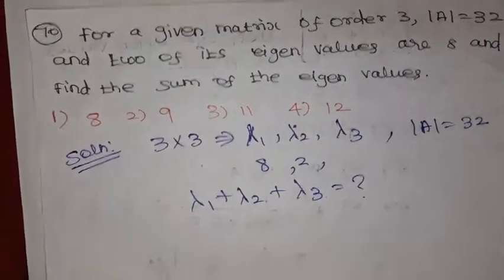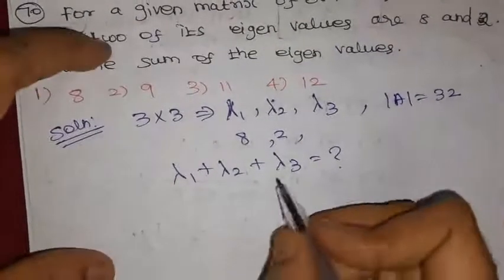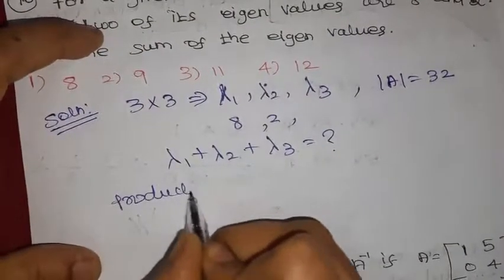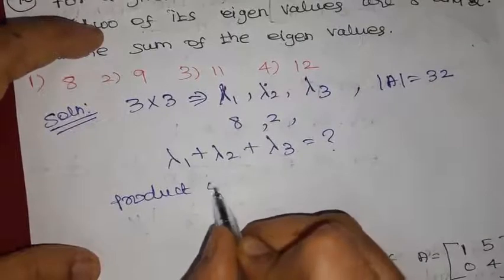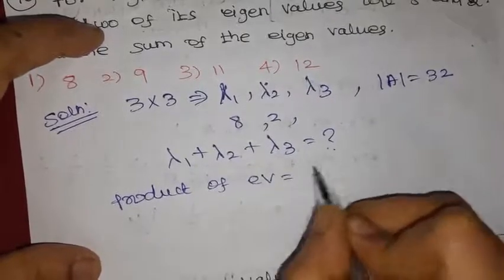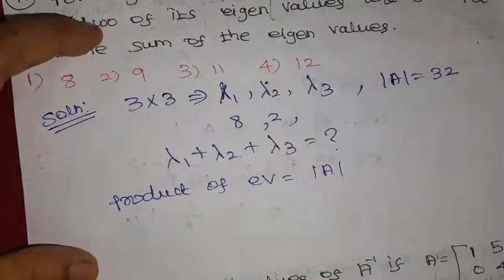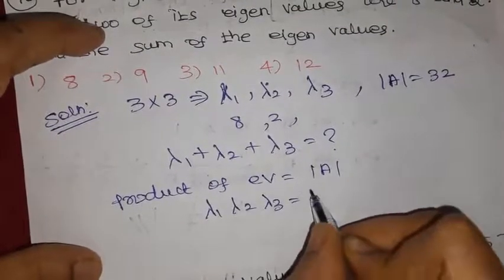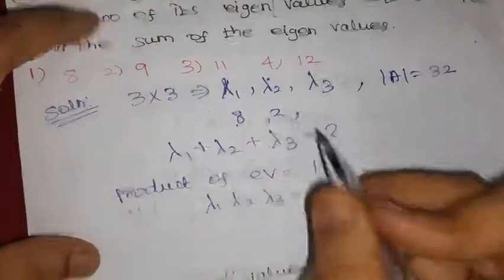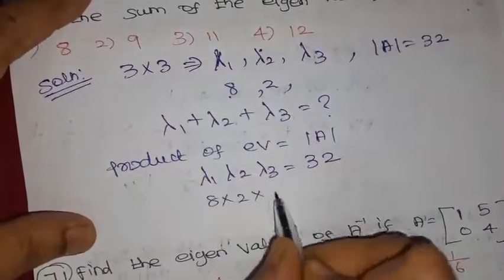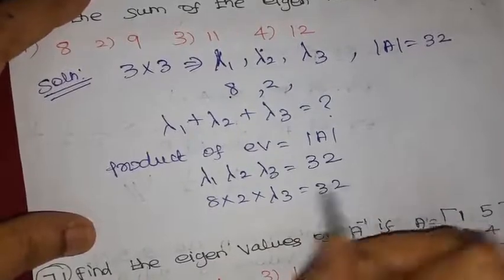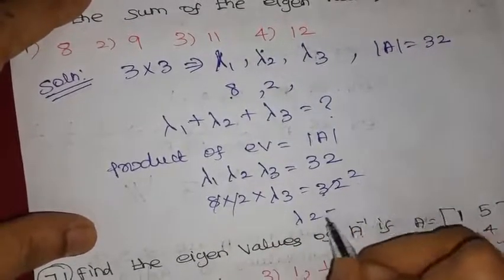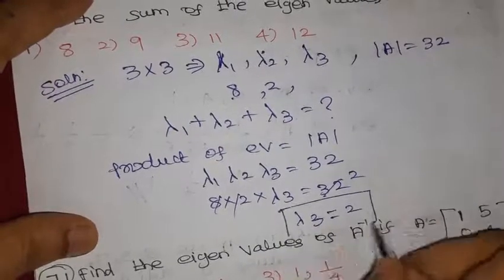We have one property of eigenvalues related to the determinant: the product of eigenvalues of matrix A is the determinant of the matrix. So lambda 1 lambda 2 lambda 3 equals 32, that is 8 into 2 into lambda 3 equal to 32. 16 times lambda 3, so lambda 3 is equal to 2.